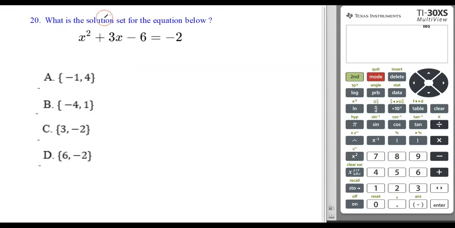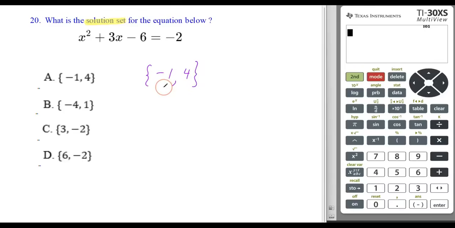Question 20. What is the solution set for the equation below this equation? I'll do a little teaching here first, because you should notice in question A, the numbers here are enclosed by curly brackets. It says {-1, 4}.